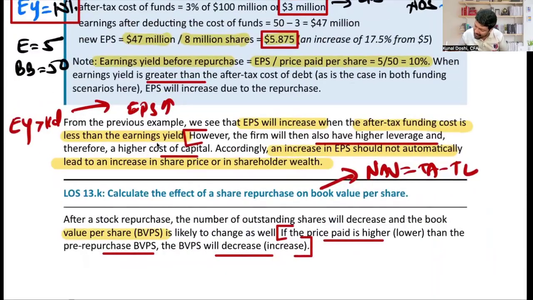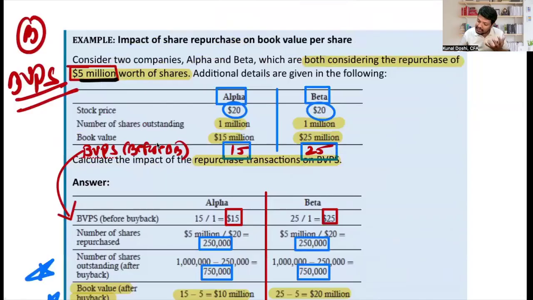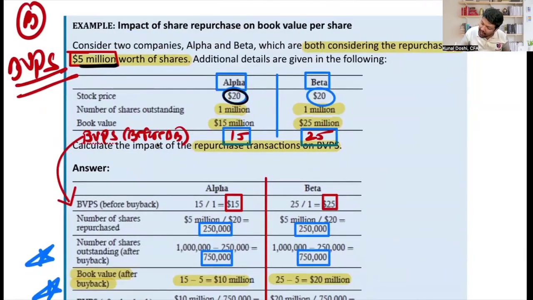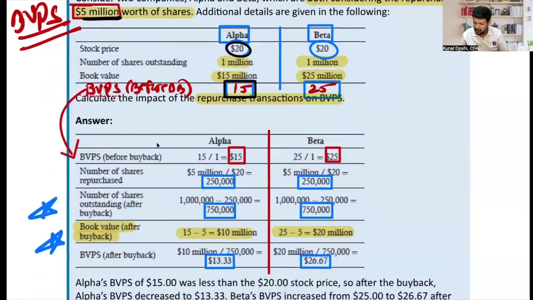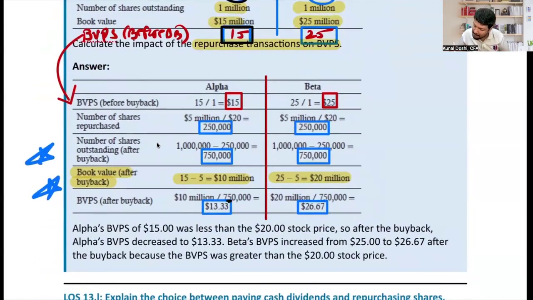If the price paid is higher than the pre-purchase book value per share, the book value will decrease. So if the price paid is 20 and the book value per share before was 15, is it a good thing or a bad thing? The company share price was higher and the book value per share was lower. So if you do the buyback here, it's a bad thing for the company. Book value per share will reduce.